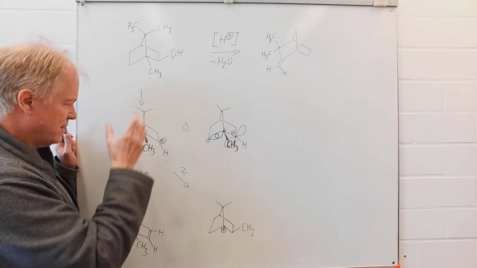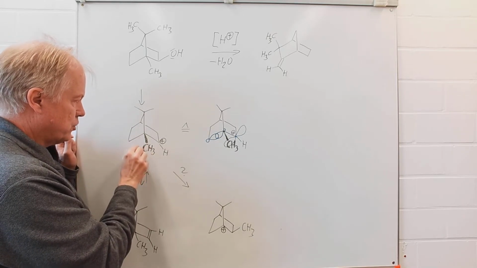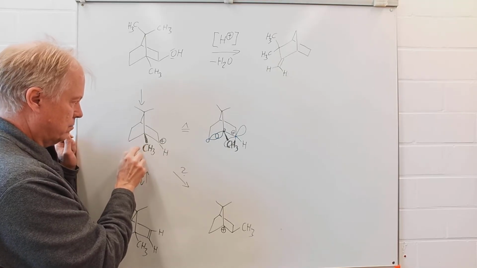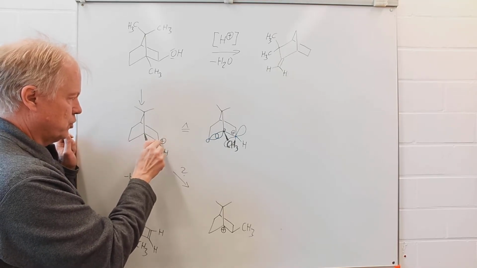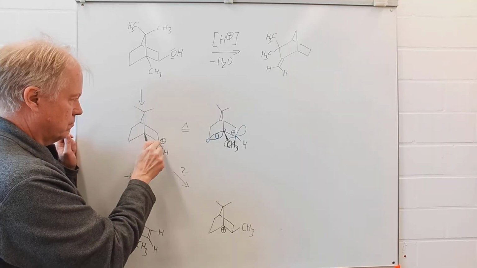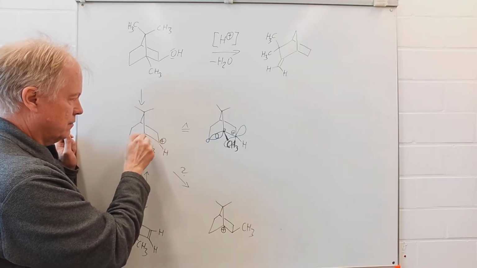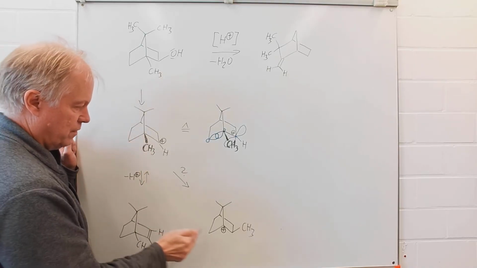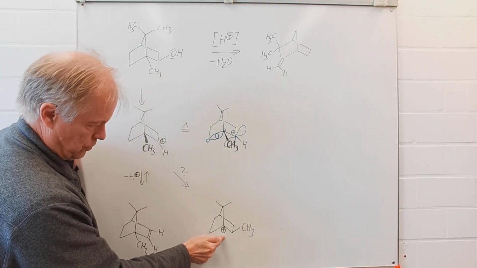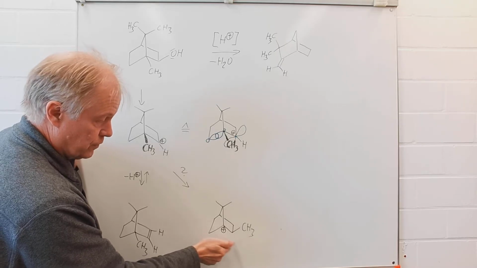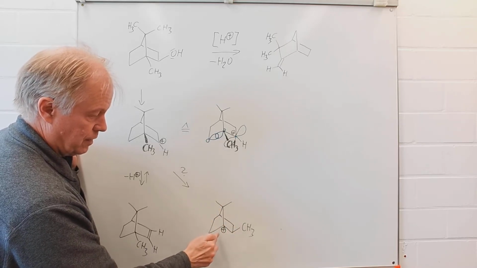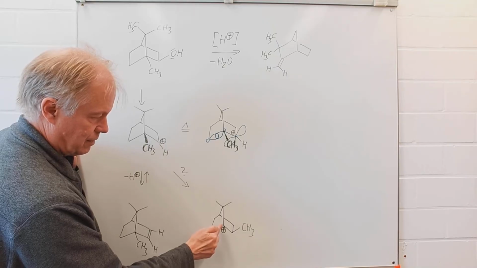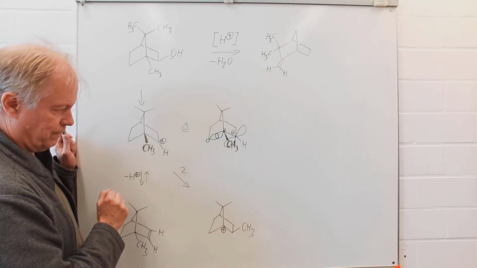So let's assume that this CH3 group migrates to this position, taking this electron pair with it.